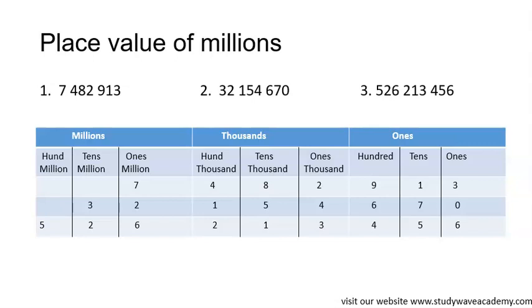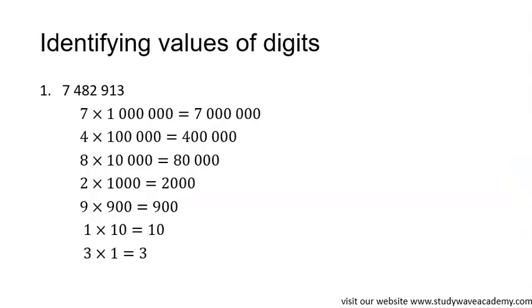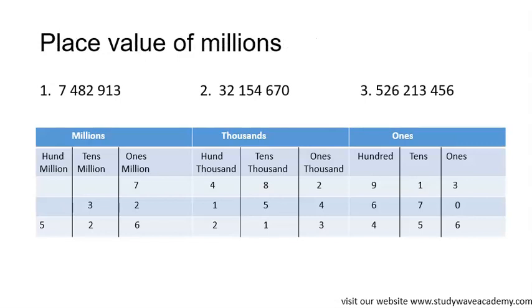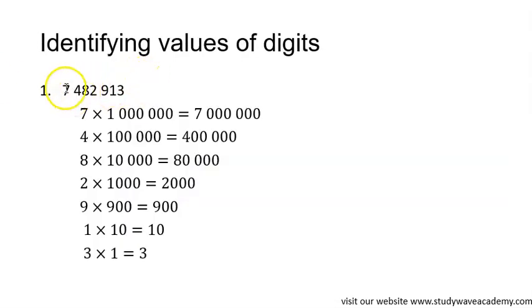So now we are going to be identifying the value of these digits. Okay, number 1, number 2, number 3. Let's identify the values of these digits. The first number we had was 7,482,913.